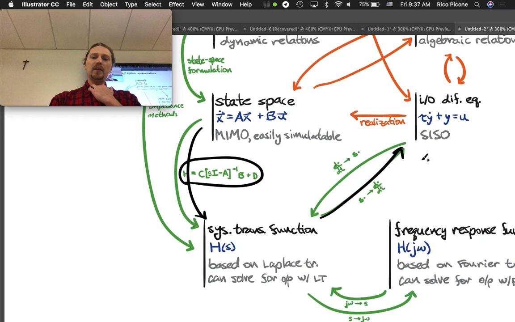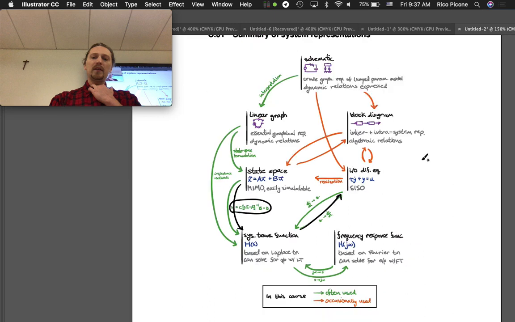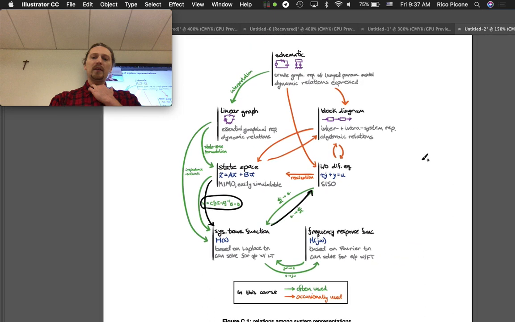But this is a map of all of the representations that we'll be doing in system dynamics, for this semester and next semester. So we've got this one, this one, this one, and this one. There aren't a whole lot more. There's the frequency response function, which we'll get to next semester.